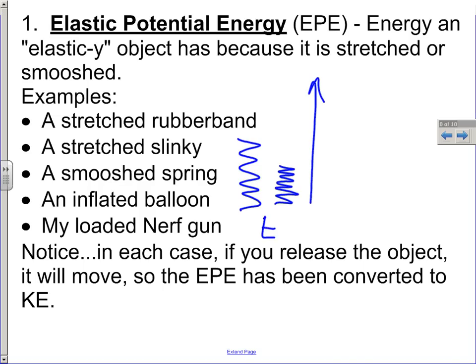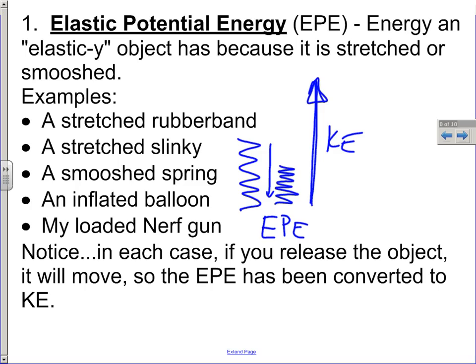So you're starting out with elastic potential energy because it's stored since you've compressed the spring, and then when you release it, it shoots up. Now you've got kinetic energy, right? Okay. Inflated balloon is kind of like a stretched rubber band. If you let go of it, it pushes the air out and moves, so you're converting the elastic energy from the stretchiness of the balloon to the kinetic energy of motion.